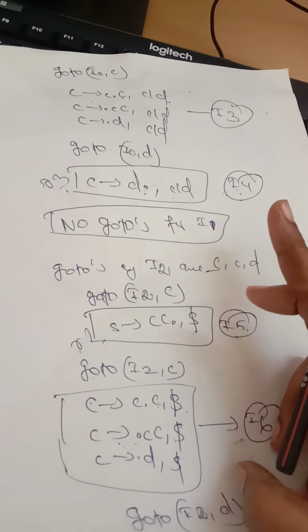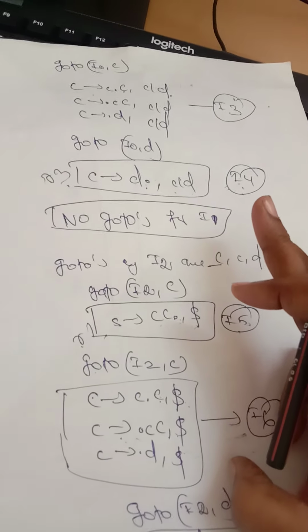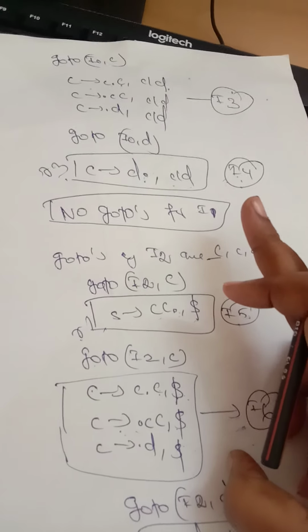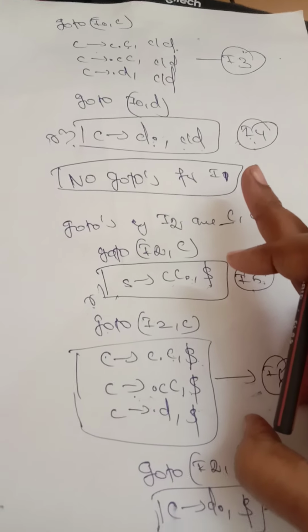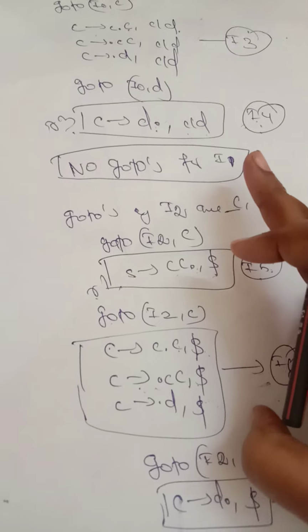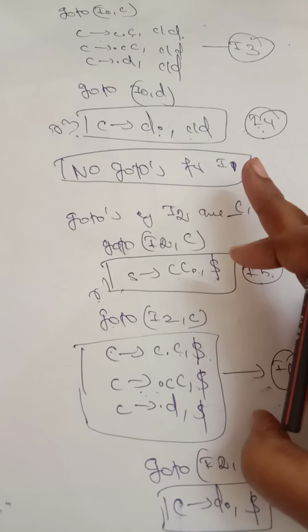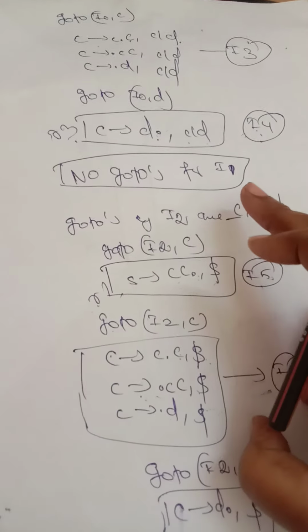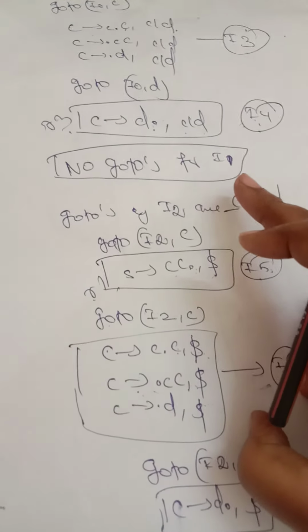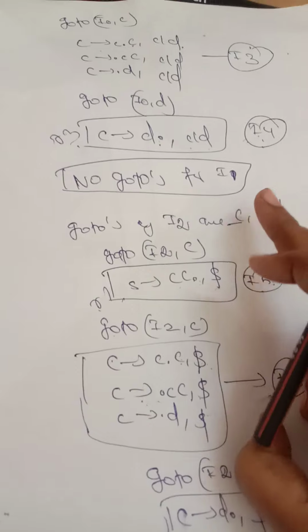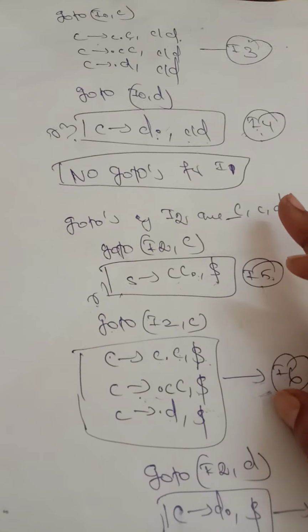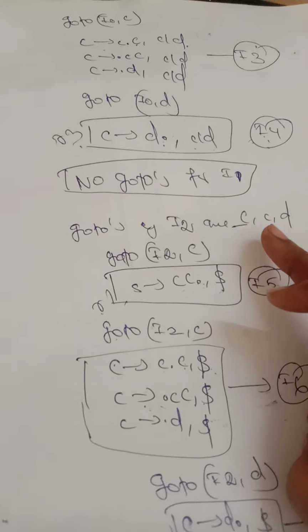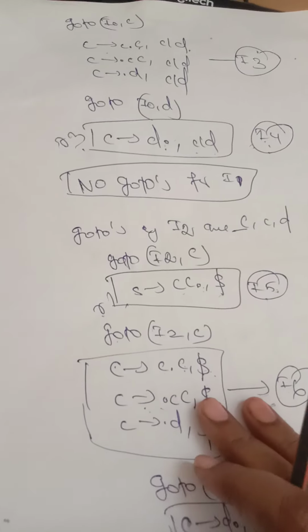So we can combine I3 and I6. Instead of representing two rows in tabular format, we can reduce that into one. So we can remove I3 and I6, and instead use the state number I36.